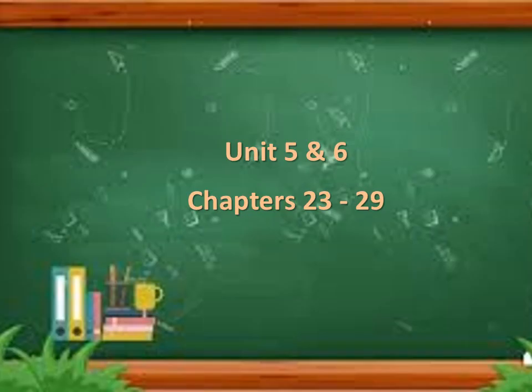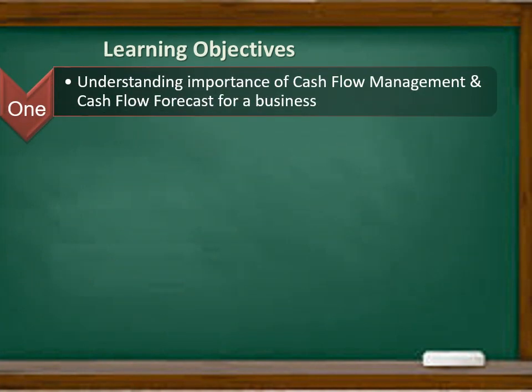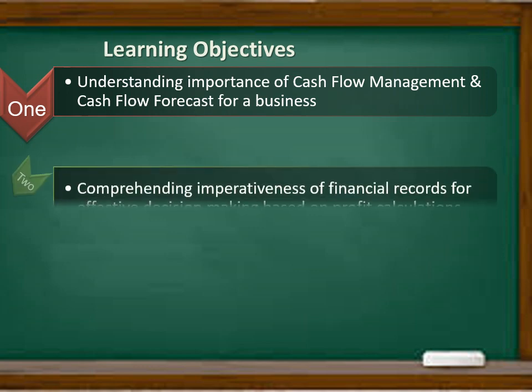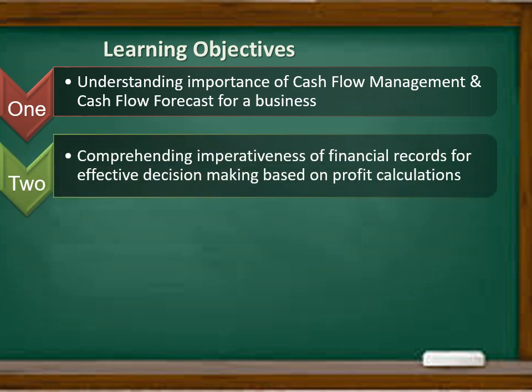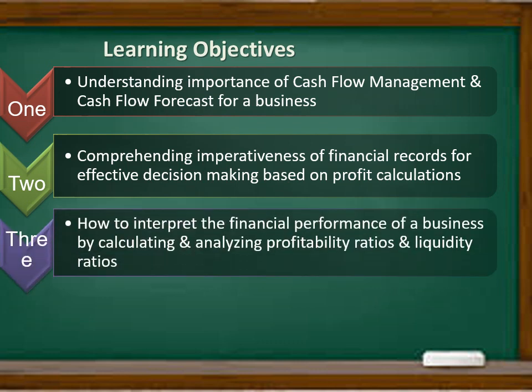So, we move on to Unit 5 and Unit 6. Chapters 23 and 9. Some of the key learning objectives of today's session is to revise and help you remember the importance of financial management for a successful business and how these numbers are presented and recorded to facilitate effective decision making.